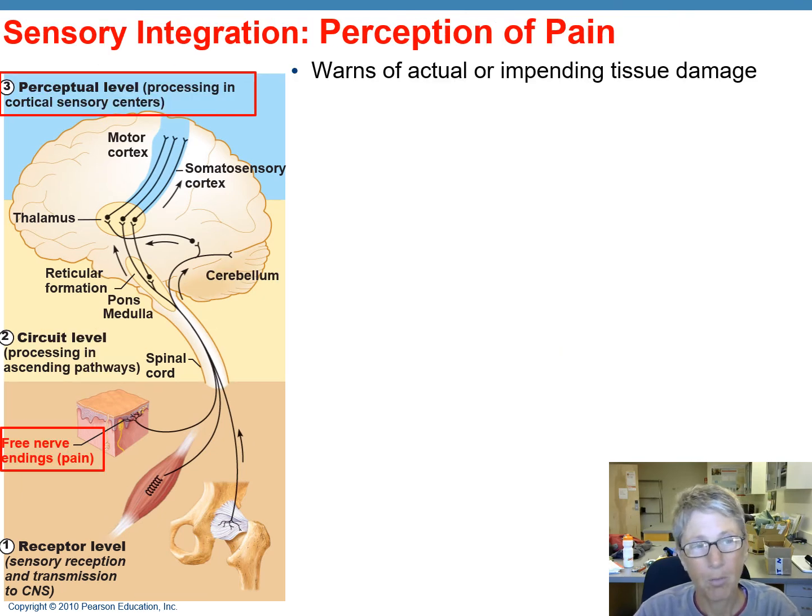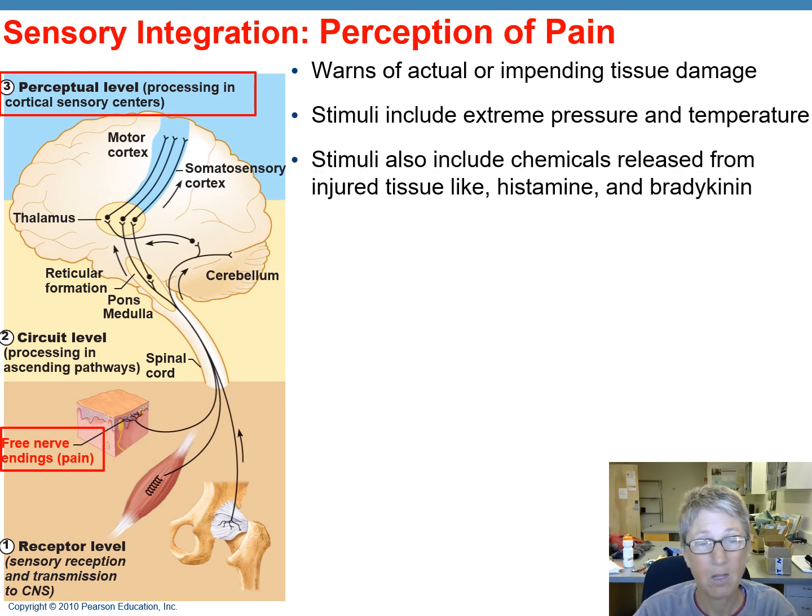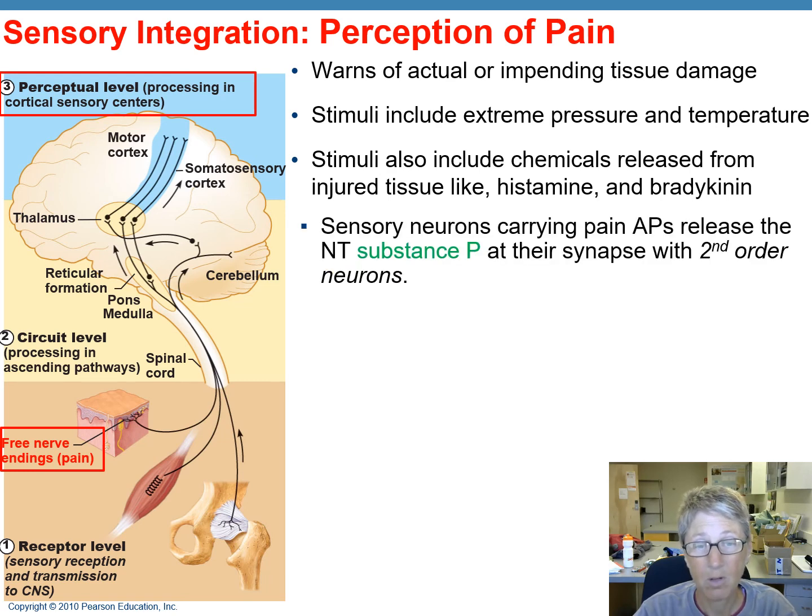So for example, perception of pain and sensory integration. Pain warns of tissue damage. Painful stimuli include extreme pressure, extreme temperature. You can also get pain from chemicals released from injured tissue.